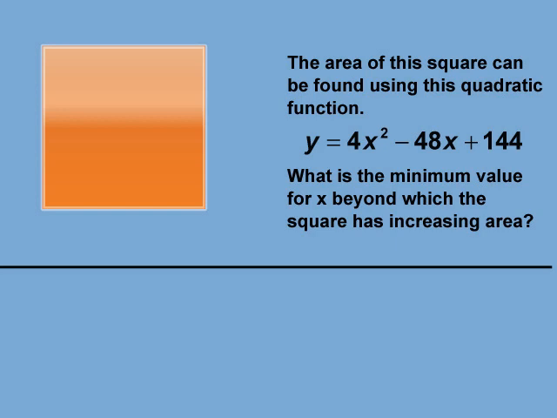The area of this square can be found using this quadratic function, y equals 4x squared minus 48x plus 144. What is the minimum value for x beyond which the square has increasing area? One way to determine the number of roots for a quadratic is to calculate the discriminant, as shown here.